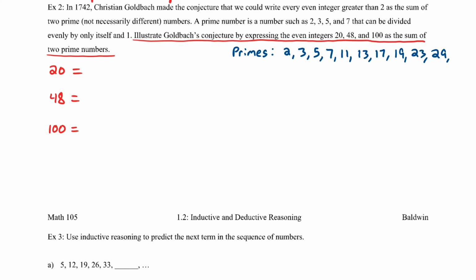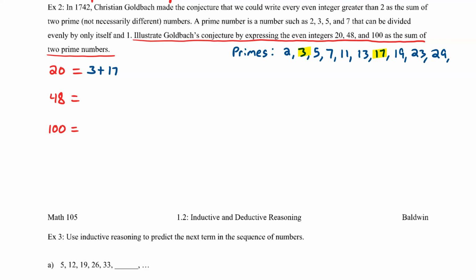So we're looking for two of these numbers that we could take and add together to equal 20. There could be a couple of different combinations to satisfy this. Looking at what we have, I noticed that we could use 3 and 17. So 3 plus 17 would equal 20.